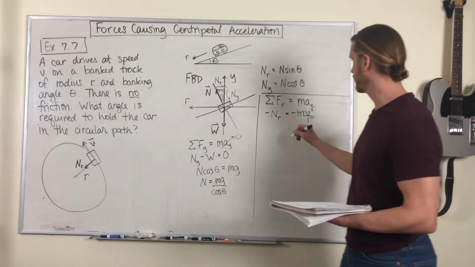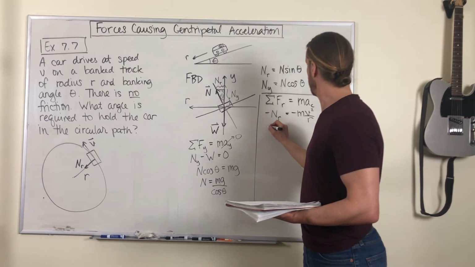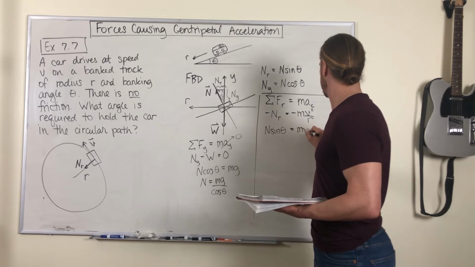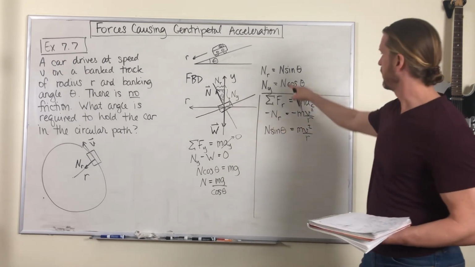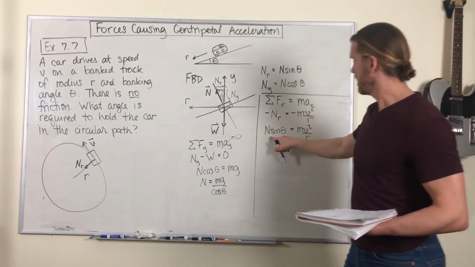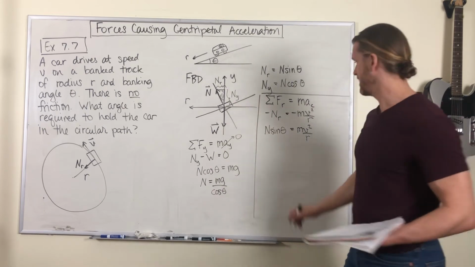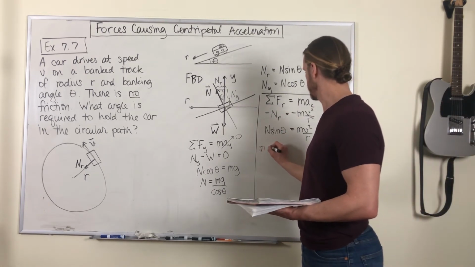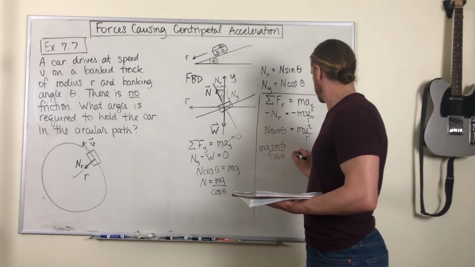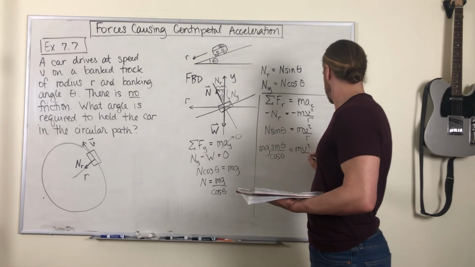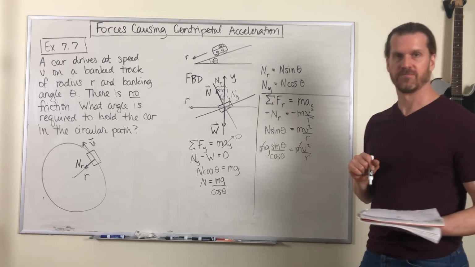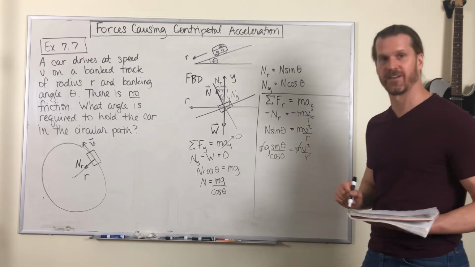These two minus signs cancel, and we get n sine theta equals m v squared over r. I just substituted n sine theta for n r. And we have found the magnitude of n, so I'll substitute that in. Notice the m's cancel out, and remember from trigonometry class that sine over cosine is tangent.